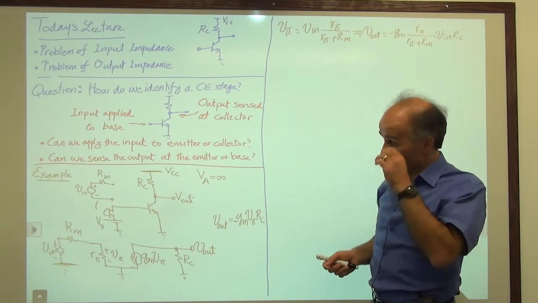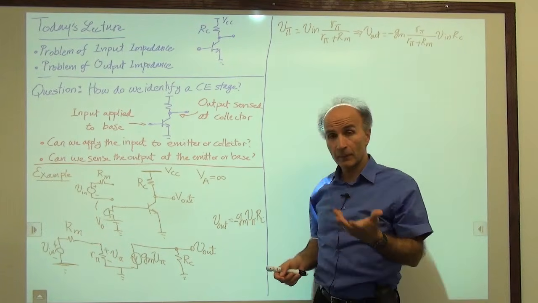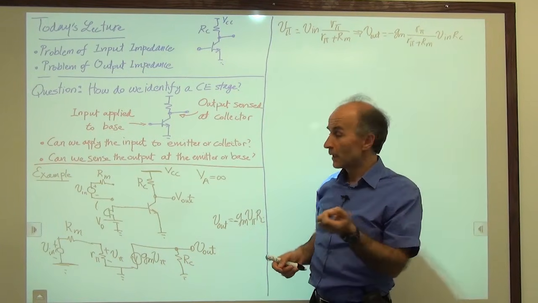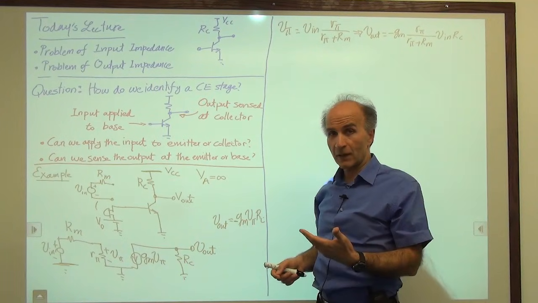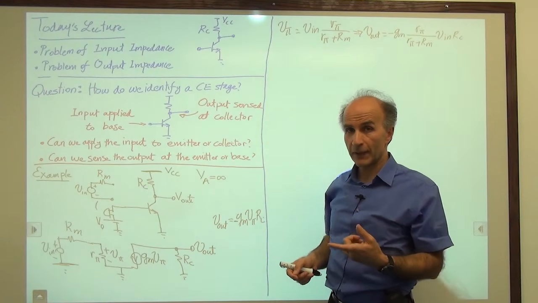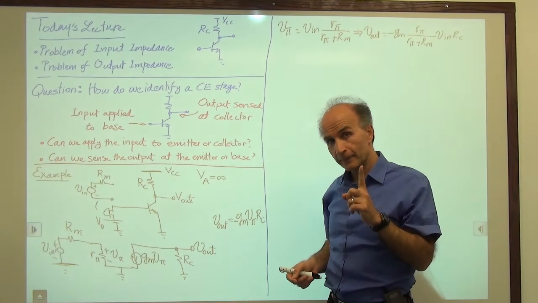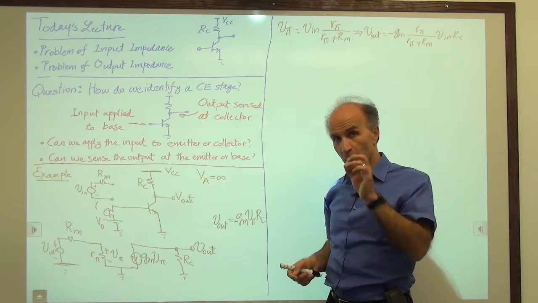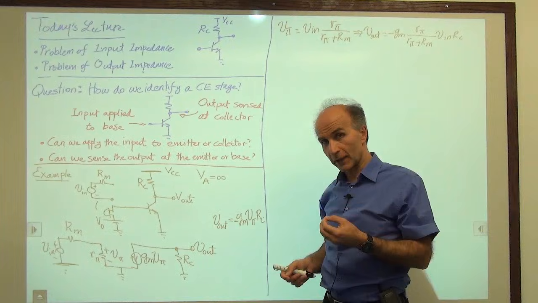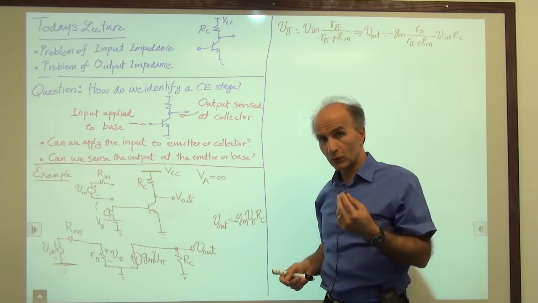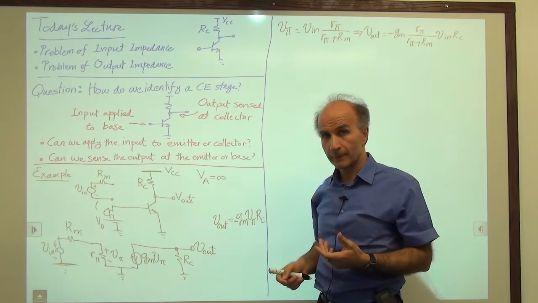Now, in practice, whether Rm is comparable to R pi or not depends on the type of microphone. It depends on our design, meaning it depends on R pi. We have seen that if the collector bias current is 1 milliamp, Gm is 1 over 26 ohms, and if beta is 100, R pi is 2.6 kilo ohms.